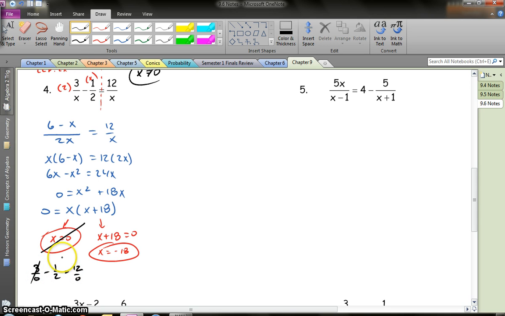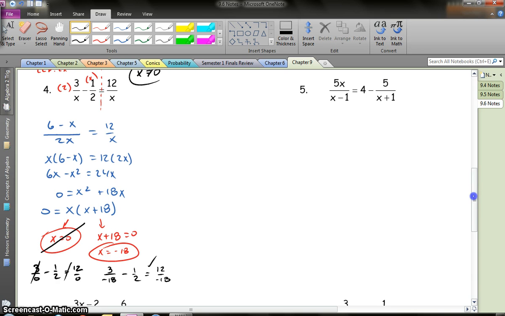Well, you can't calculate that, so already that problem's at fault. Over here, if we did negative 18, 3 over negative 18 minus 1/2 should equal 12 over negative 18. And if you do the math there, it checks out. All right, so negative 18 works, in which case 0 doesn't.